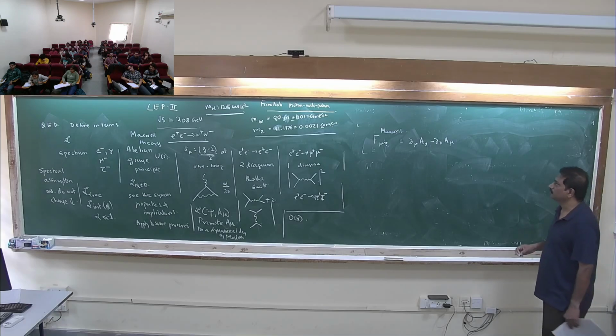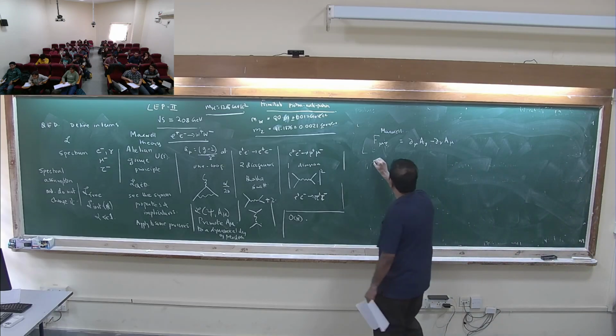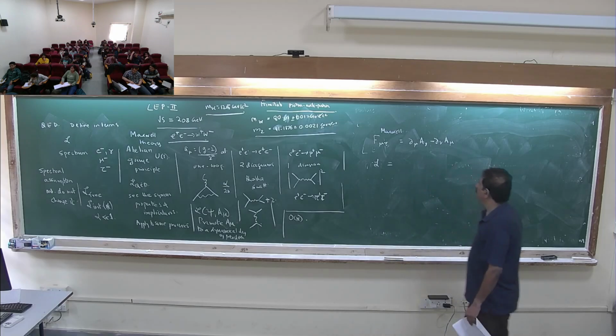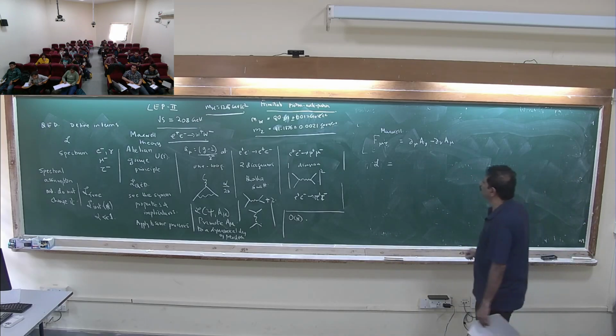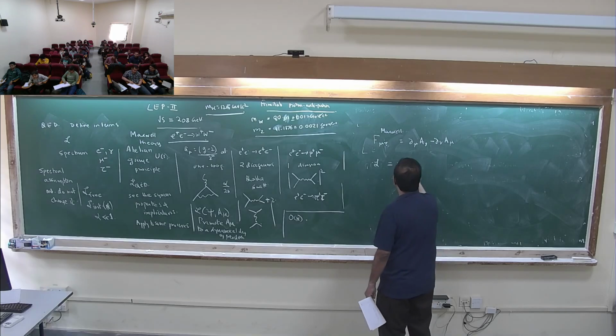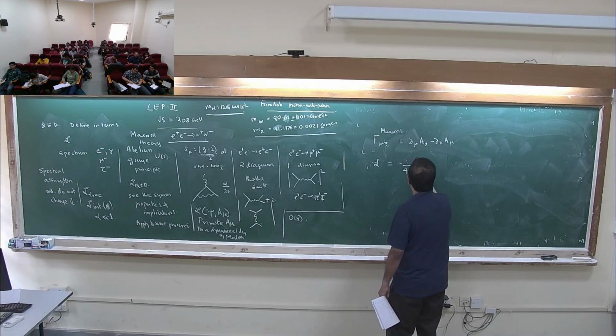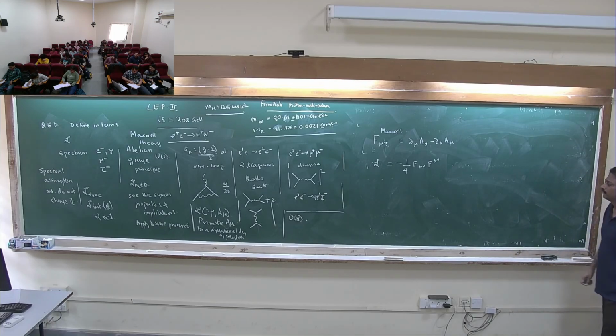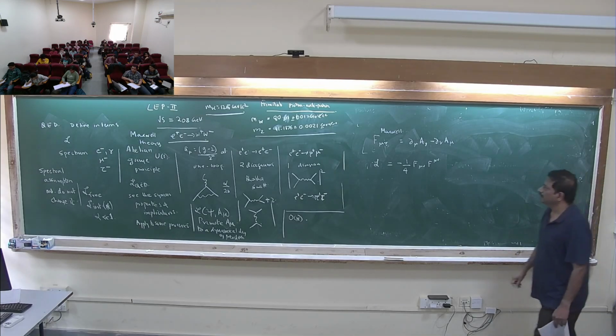You have to add this to the Lagrangian L, and the Maxwell part of L is constructed from this, and this would be minus 1 by 4 F mu nu F mu nu. So this is it. QED.